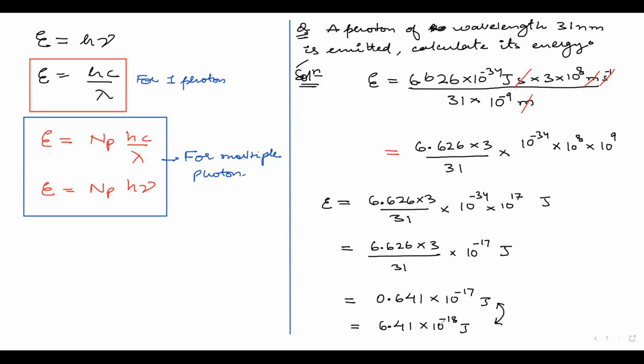No, sir. No, sir. Okay, Hiba. No, sir. Okay, Khalid. Yes, sir. Do you have any doubt as I have converted 0.641 to 6.41 and 10 to the power minus 17 to 10 to the power minus 18? Do you have any doubt here in these two steps? No, sir. Okay.